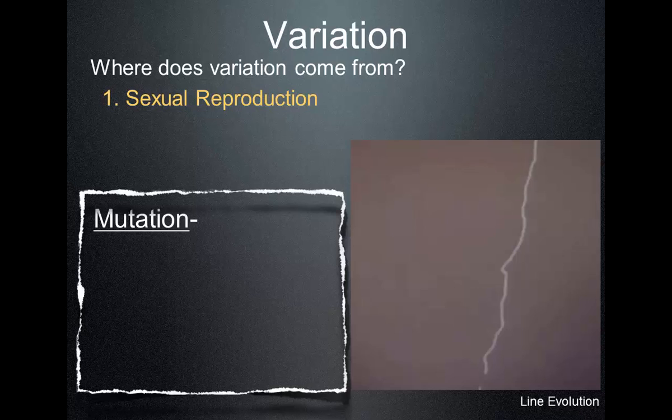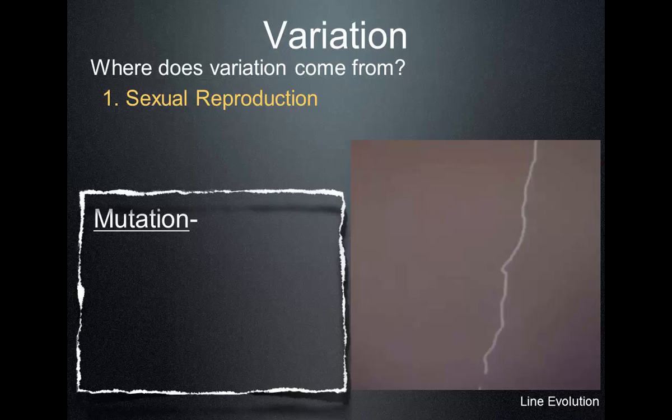You have a mixture of traits from both parents. You have new combinations. You're a unique individual. You're not identical to your brother or your sister either. You ended up with different genes, and part of the reason is sexual reproduction, the mixing of genes. Kind of like shuffling a deck of cards. Each time you do that, you end up with a new combination of cards, a new hand has been dealt.